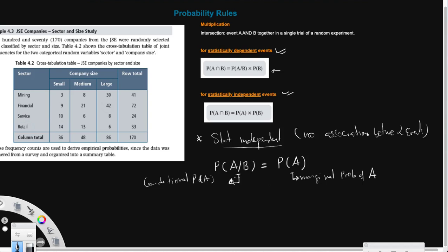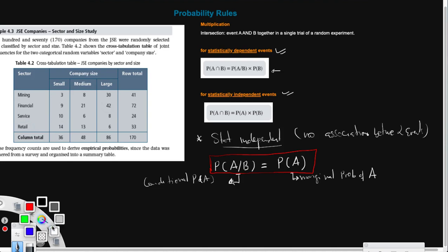So dependence is actually tested by looking at this formula: whether the conditional probability of A is equal to the marginal probability of A.